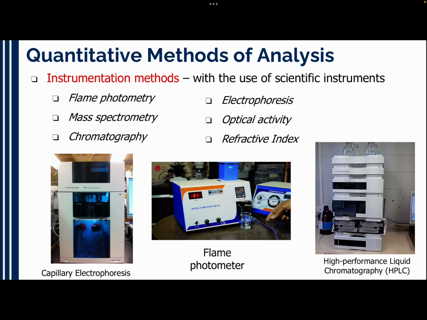And then next is the other nga mga instrument nga gina-use sa quantitative analysis: the flame photometry, the mass spec, chromatography for separation and then identification of components nga naa sa unknown mixture, and then electrophoresis for proteins, and then other nga mga type of instrument. So we have here HPLC, a complicated nga instrument used to separate, identify, and quantify nga naa sa mixture.